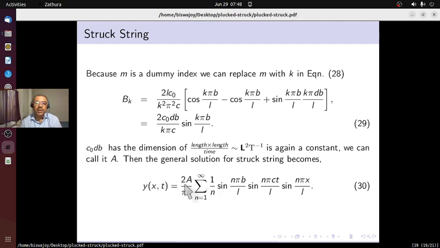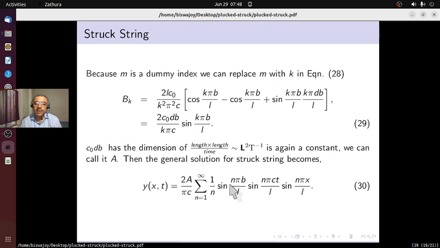Then the general solution becomes 2a by pi c, inversely proportional to n, and then sin(n pi b by L), and then sin(n pi ct by L), sin(n pi x by L). So the amplitude here is proportional to 1 by n. That means the amplitude of the nth harmonic will fall as 1 by n.